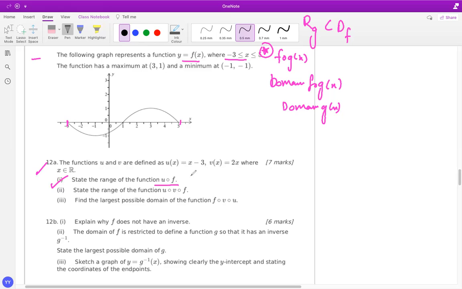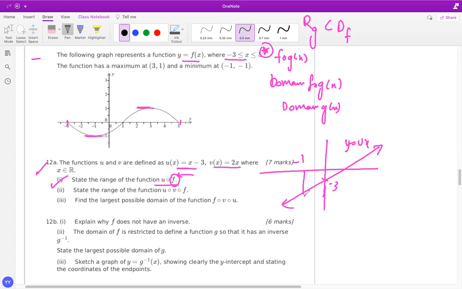Now, look, when you see function f, the y values of that function are acting like the x values for u. Now, u of x is x minus 3, which is a linear function. This is your y equals u of x, cutting here at -3, we all know that. Now, here the range of f is from -1 to 1. So basically, you're inputting values from -1 to 1.